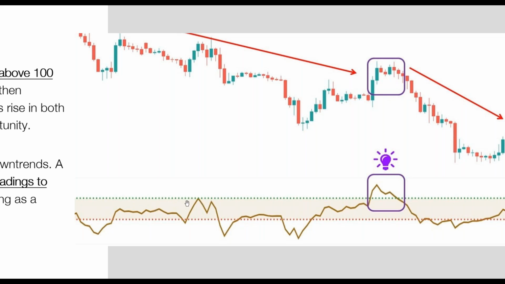Okay, it was persistently below 100. The only single time that it managed to extend above 100 was here, and in combination with a breakout to the upside of its long-term down channel.